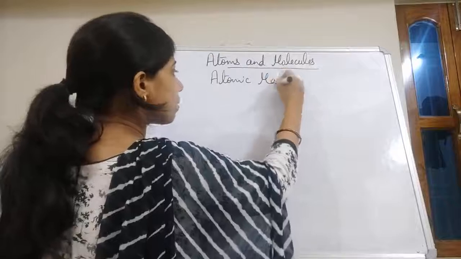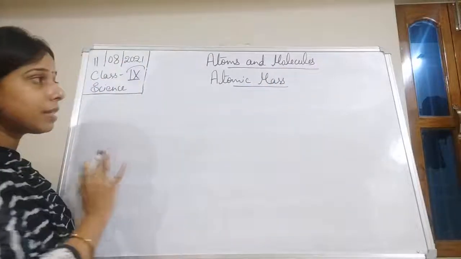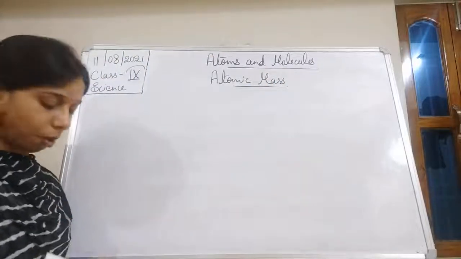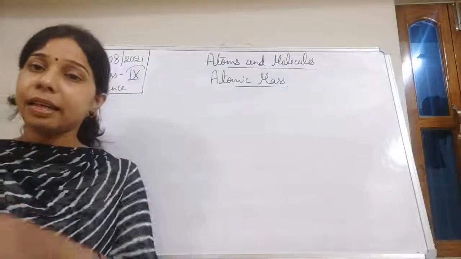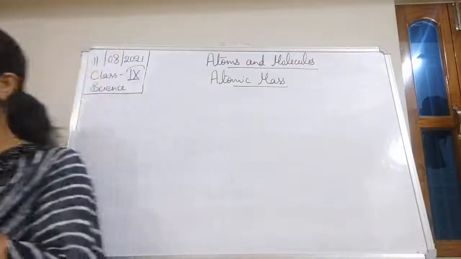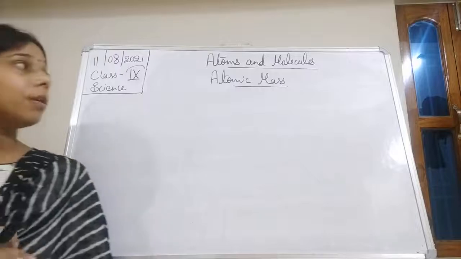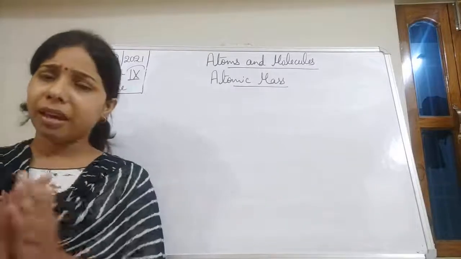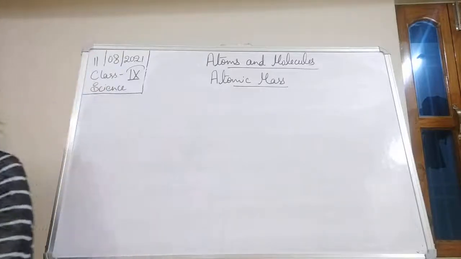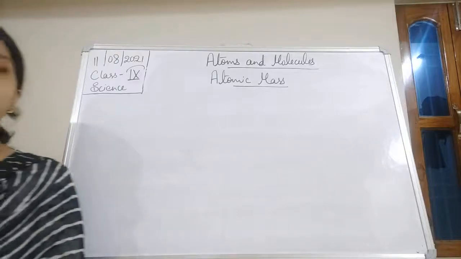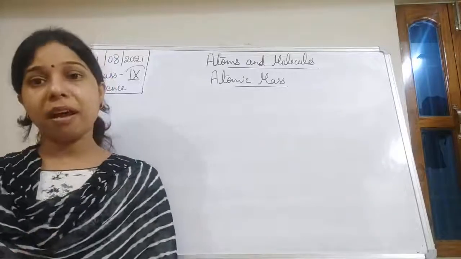Although we are going to study it in detail later, for now I just want to tell you about atomic mass. Students, the actual mass of an atom is very small, so it was quite difficult for us to find the mass of an atom.